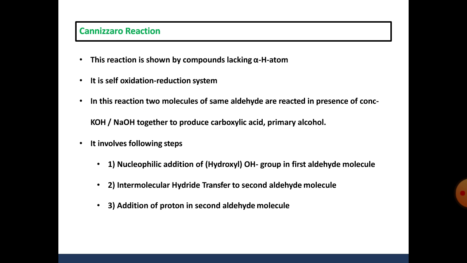It undergoes self oxidation reduction simultaneously. There are three steps in the mechanism of the reaction. First is nucleophilic addition of the hydroxyl group. Then there is a hydride shift. And in the third step, there is addition of a proton which converts it into alcohol.